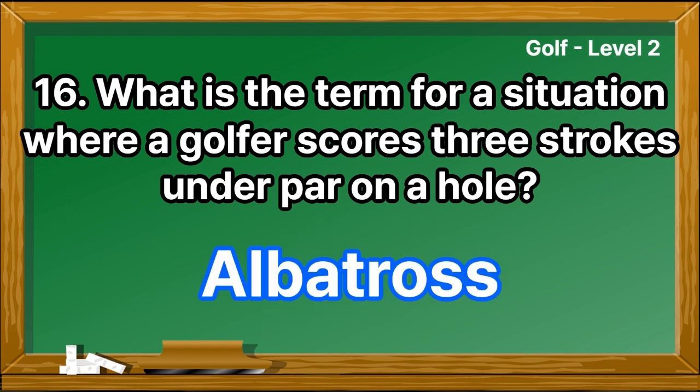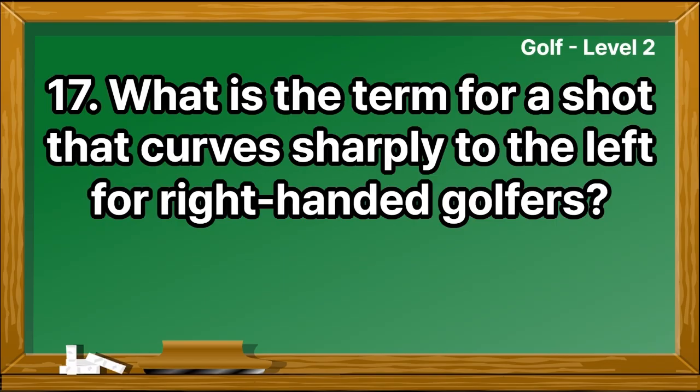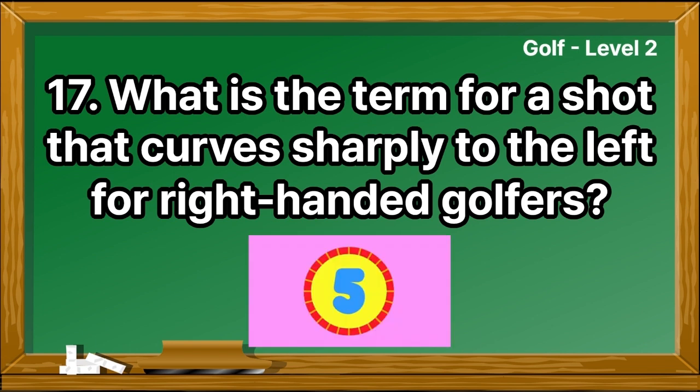Albatross. What is the term for a shot that curves sharply to the left for right-handed golfers? Hook.